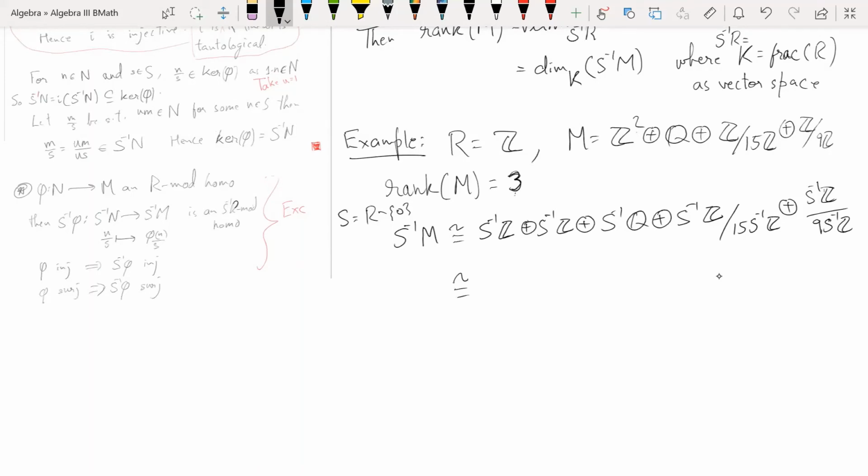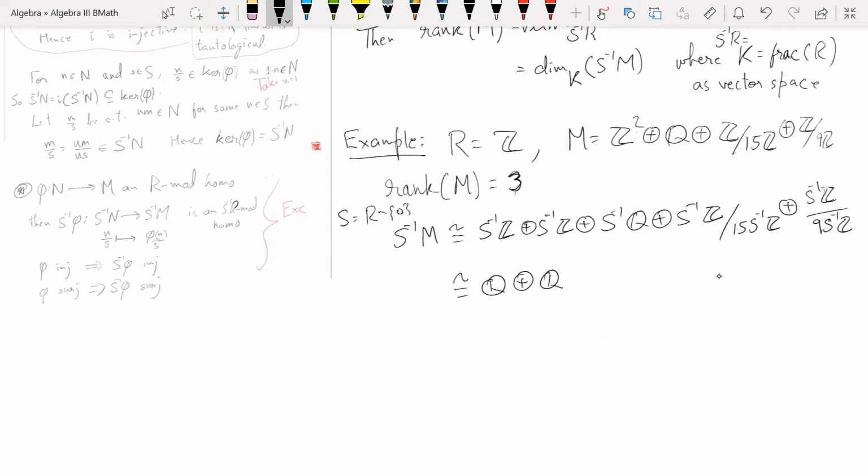S inverse Z is the same as Q, because S is all non-zero integers. So you have 2 copies of Q.